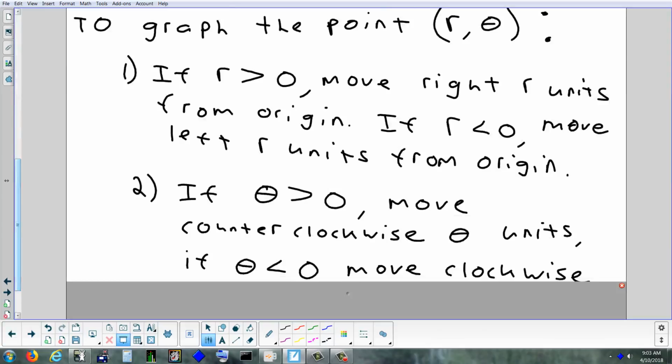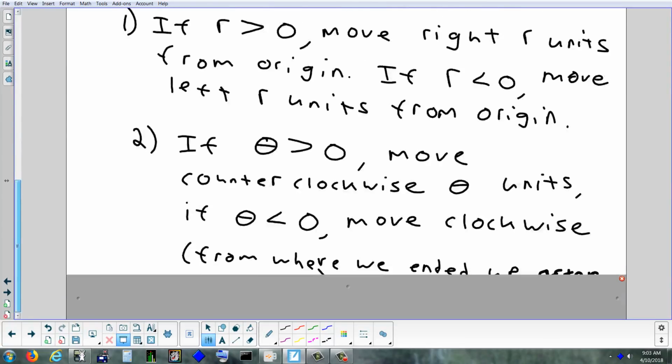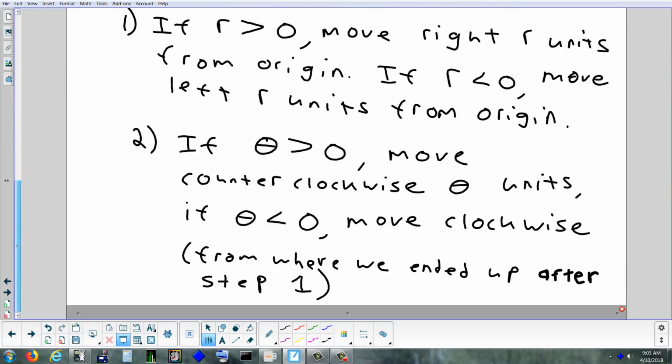If it's less than 0, clockwise. And remember, this is all done from where you ended up after step 1. Just like if you were graphing an xy point. You do your x value, and then from that spot, you do your y. You don't start over and go back to the origin.